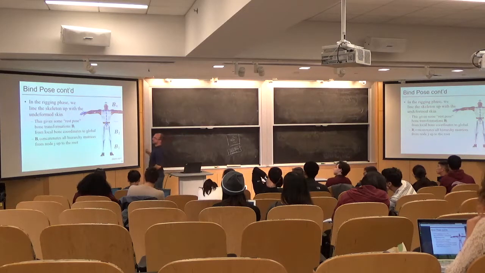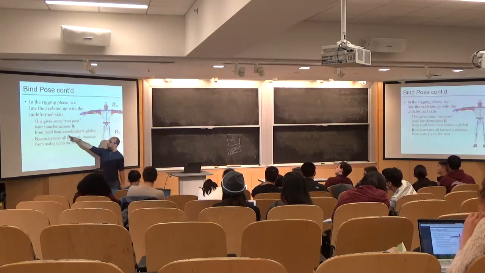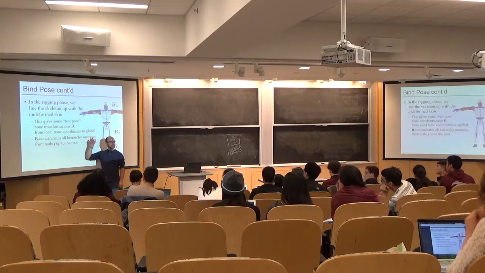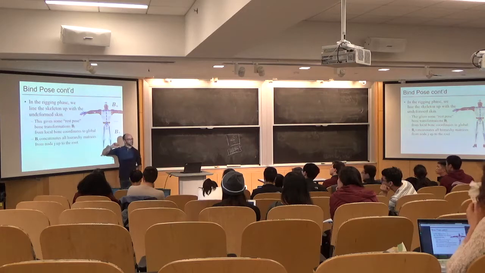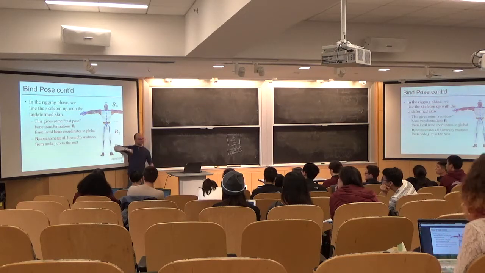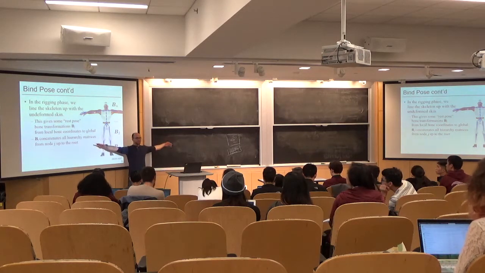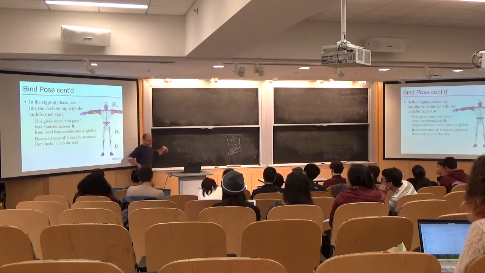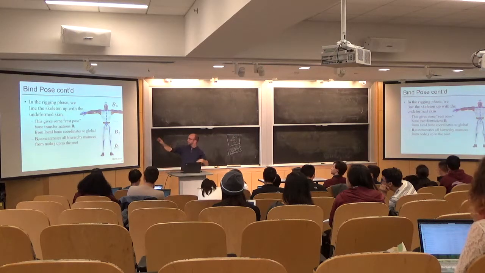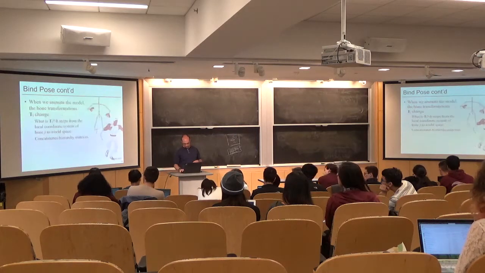So this is going to be BJ, which goes from local bone coordinates to global ones. And how do you think I get that in practice? Well, it's exactly using the algorithm we talked about last time. I go down the skeleton hierarchy, where essentially I set all my parameters to 0, and I just read off that matrix as I do that. And so this thing is just concatenating all of our hierarchy matrices.